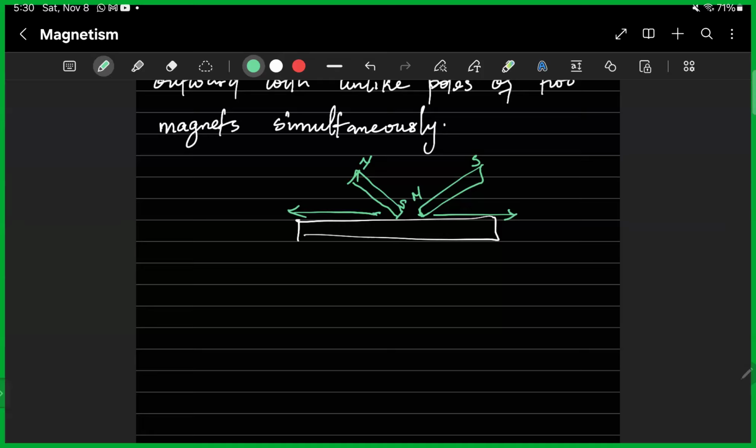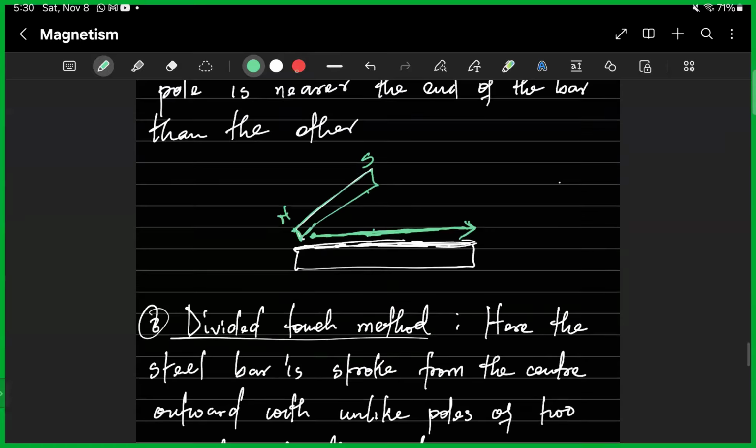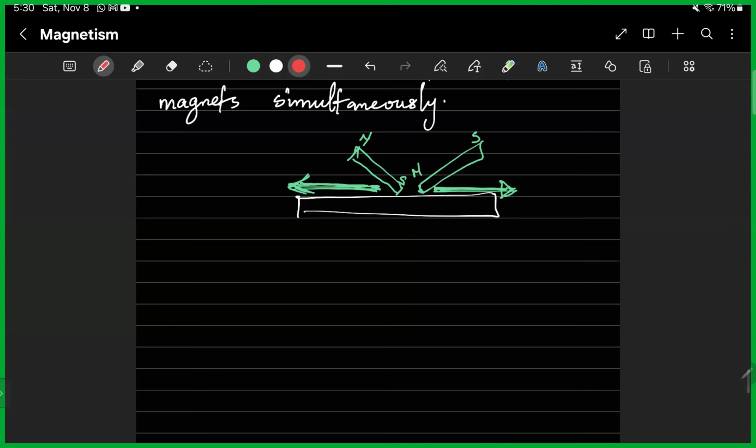Stroke like this, come back to the starting point and stroke again. So keep going like that. By the time we are done, this side will be north, this side will be south.